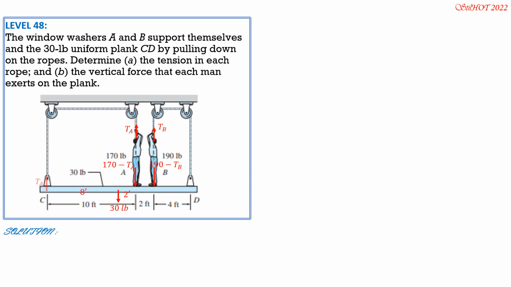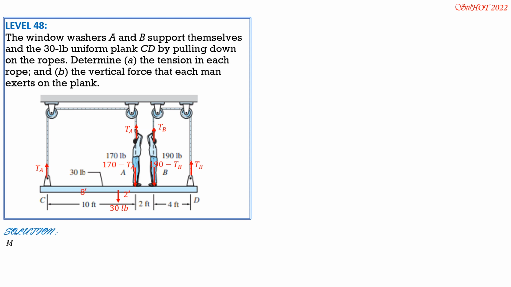And this is also tension A, this is tension B. So first, we consider the plank. We do not consider the ropes anymore because they are already included in the transmitted force on their feet, respectively.